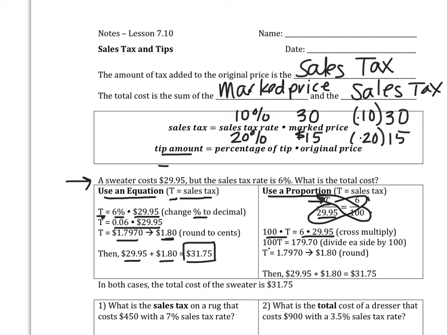Multiply it together, and then divide by 100. So we're going to get the same amount, and then we have to change that to money, so we have to round it. So it's $1.80, add it to our original amount, and it's going to be $31.75. So it's the same answer, obviously, for both, but different ways of doing it.